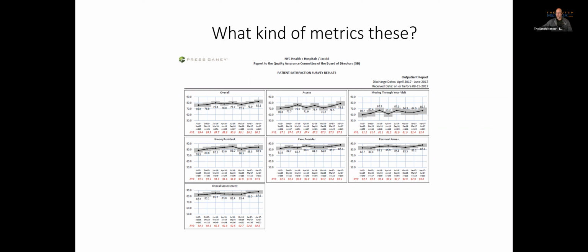The other word of caution around looking at drivers and outcome metrics is the frequency with which we look at them. If we only look at Press Ganey scores once a month or once per quarter, but we don't look at the drivers, what are we doing on a day-to-day basis to improve outcomes?